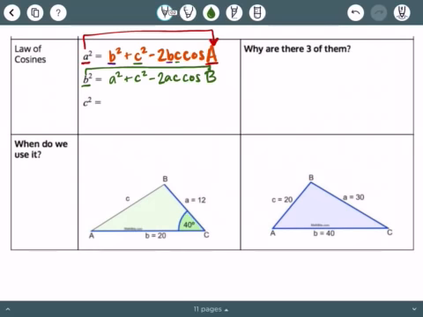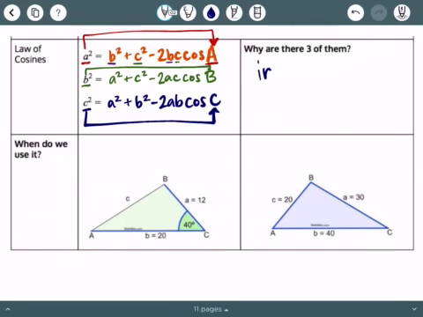And then finally, we have C squared, and that leaves us with A squared plus B squared minus 2AB times cosine C. We see that C and angle C go together. So we can use any of these. They're all basically the same, but there are 3 of them in case you want A, B, or C. So you can solve for any of your 3 sides.